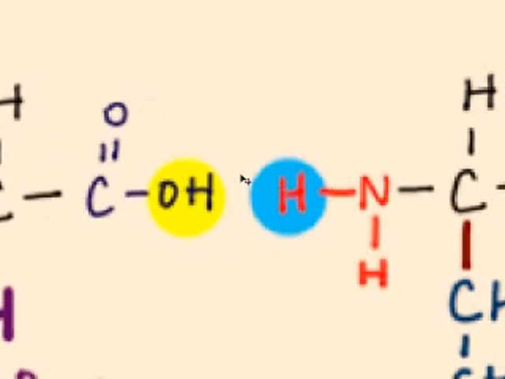Okay, now what's going to happen? You can see here we have OH and H, and the two of those together make water. And so when we actually make this protein and put these two together, the OH is going to leave the first amino acid.